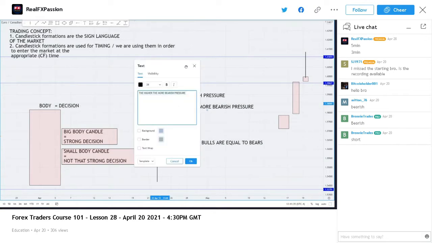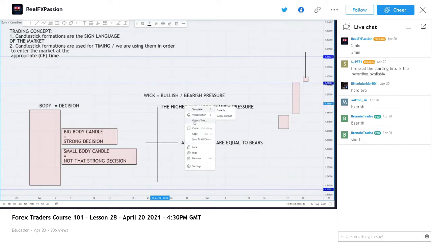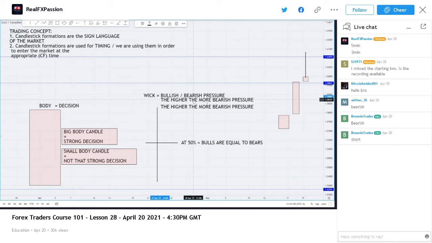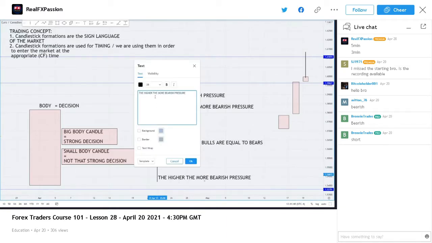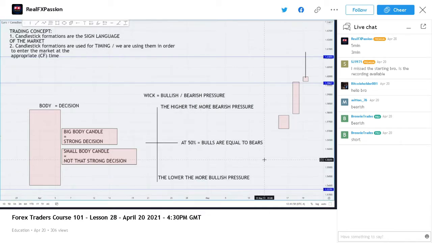And of course, double click. Let's clone. The lower the wick, everybody, the more bullish pressure. Okay, so now it should be easy, everybody.